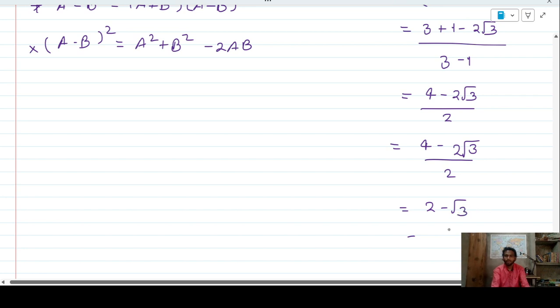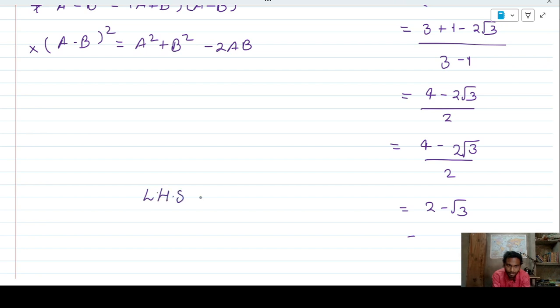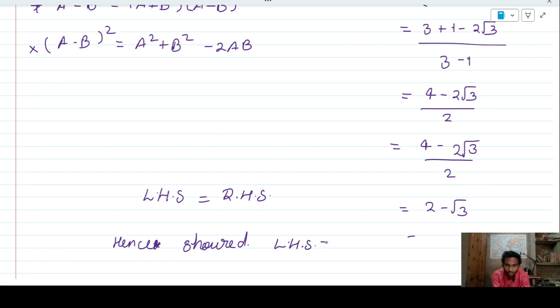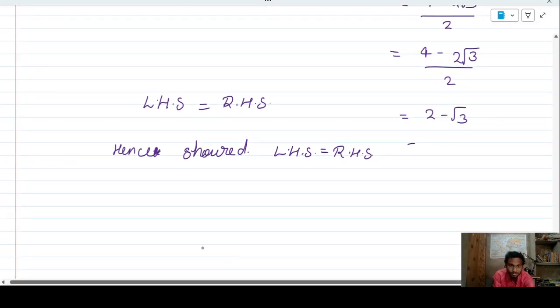Okay, this is the right hand side, and left hand side equals right hand side, hence proved. Okay students, it is clear. Next questions.